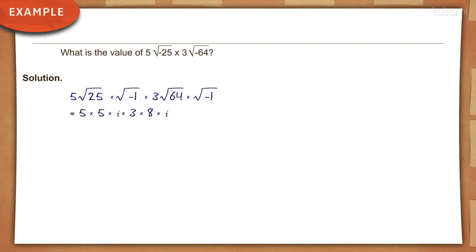After simplifying, we end up with 25i times 24i. We multiply, keeping in mind we will need to evaluate the i term later because it will end up having an exponent, such as 600 times i squared. i squared is equal to -1, so 600 times -1 is -600.